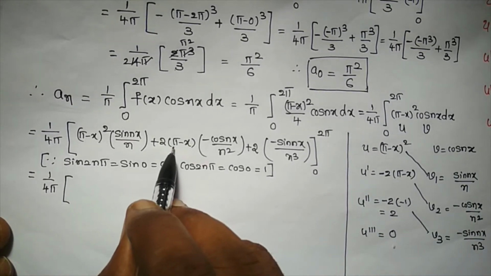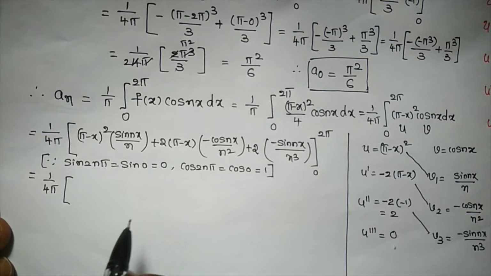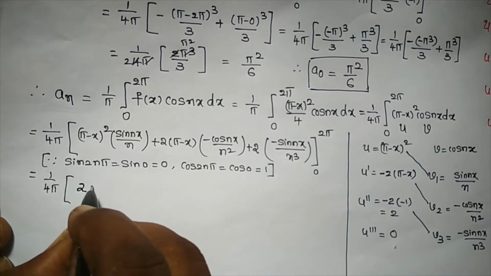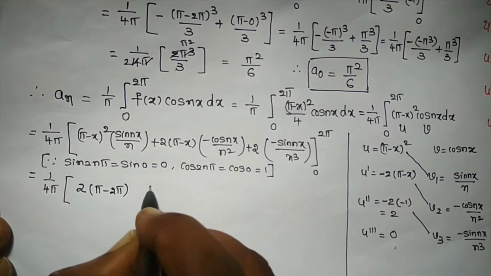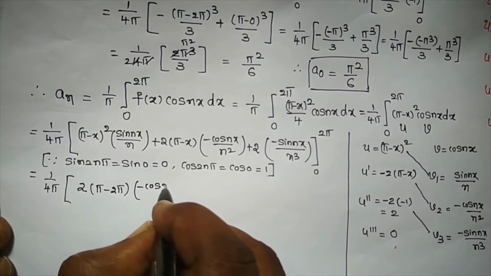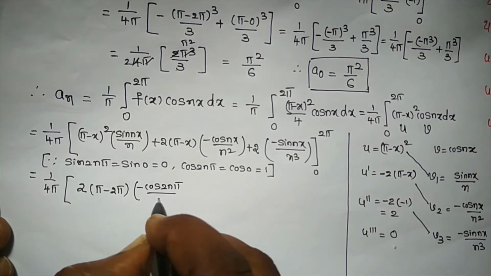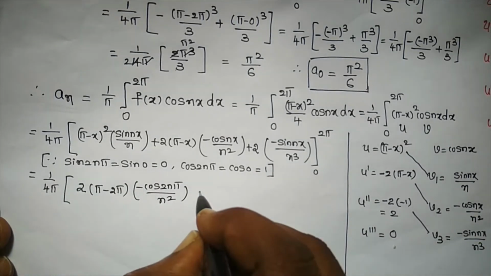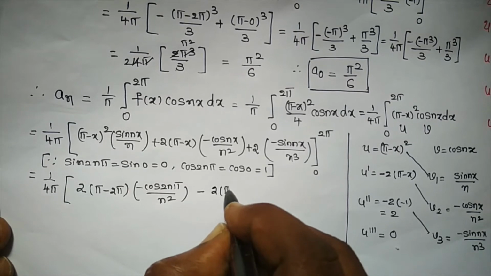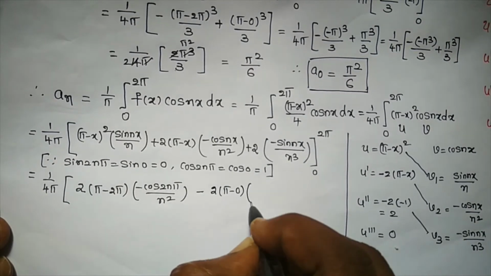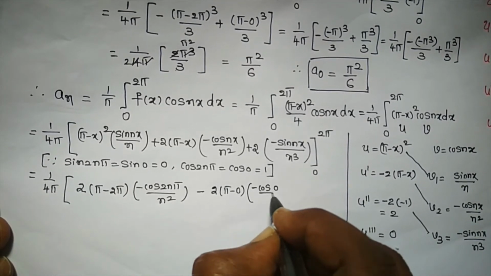So only I have taken the cos terms: 2 into pi minus 2 pi at the first limit, minus cos 2n pi by n square, minus of the second limit: 2 into pi minus 0, minus cos 0 by n square.